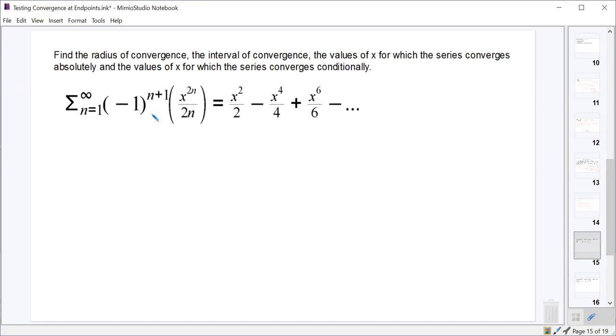So when we use the ratio test, what do we have to do? We have to take the absolute value of it. So we're going to look at the limit as n approaches infinity. With our ratio test, that means we're looking at the ratio between the n plus first term and the nth term, and we're going to put this in absolute value. The (-1)^(n+1), when we take it at the n plus first term and the nth term, is really just a 1 or a -1.